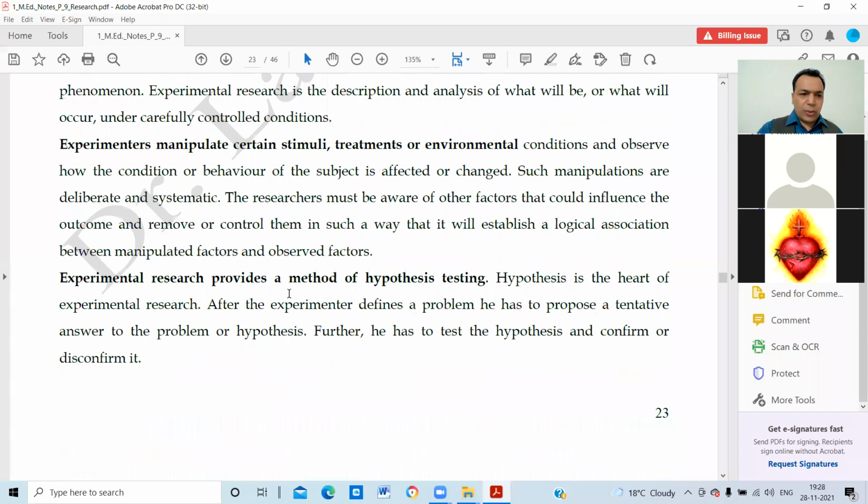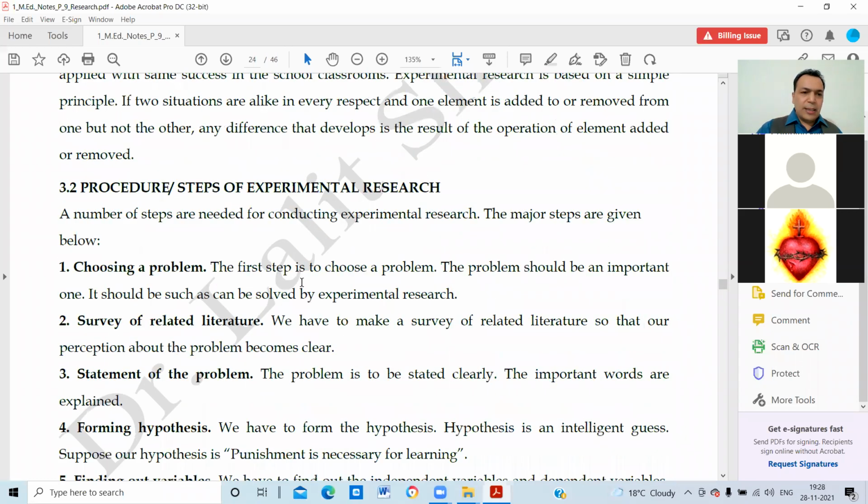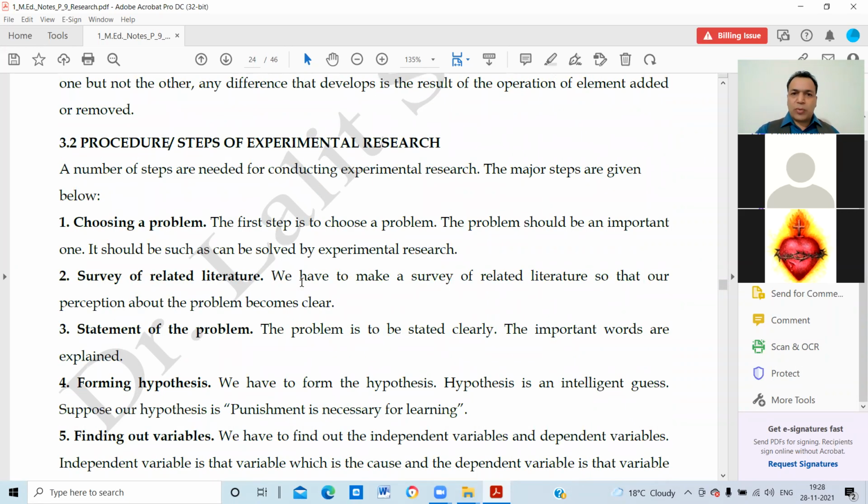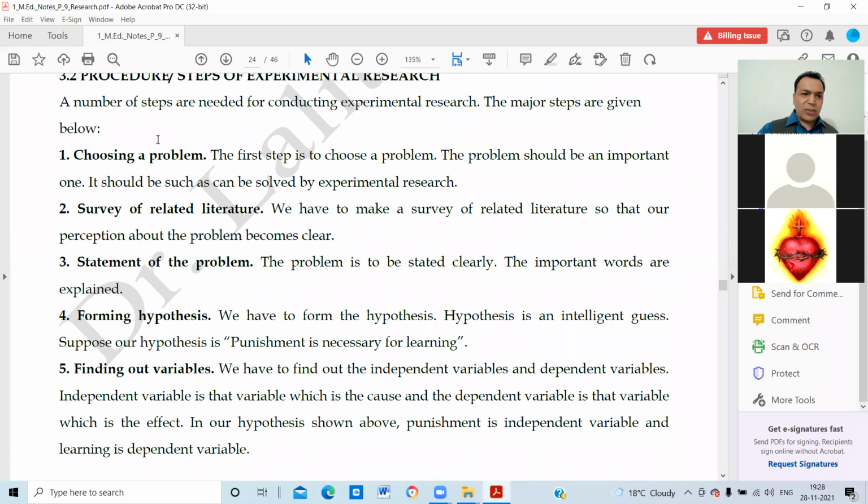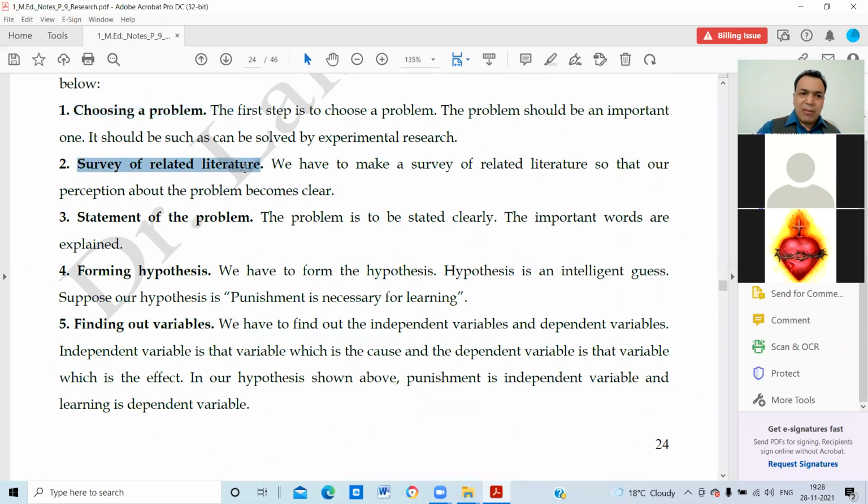So that is experimental research. Next, what are the steps of experimental research? Steps are almost the same. First you have to choose and define the problem. Then we collect the related notes, surveys, research topics, and literature related to that particular problem which we have chosen. Then the statement of the problem.